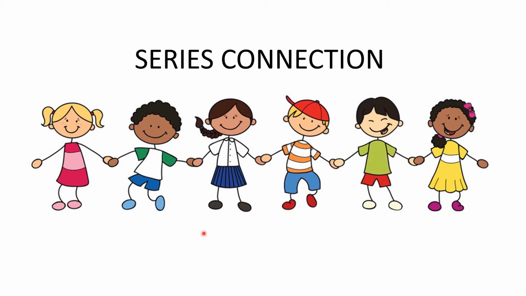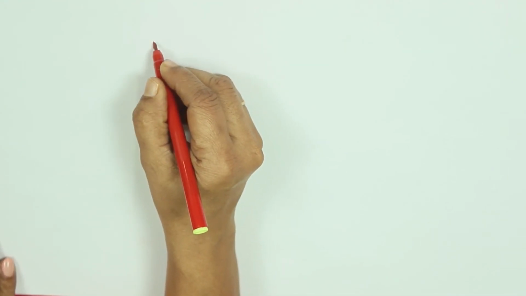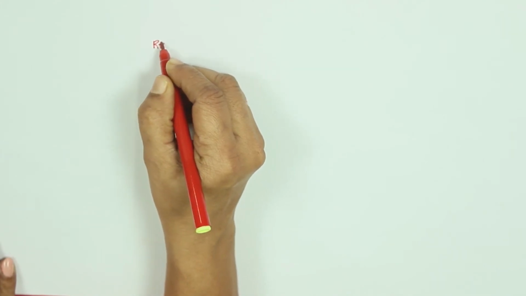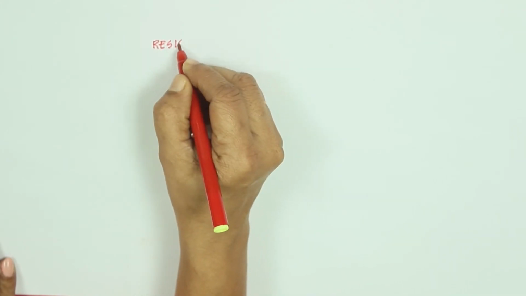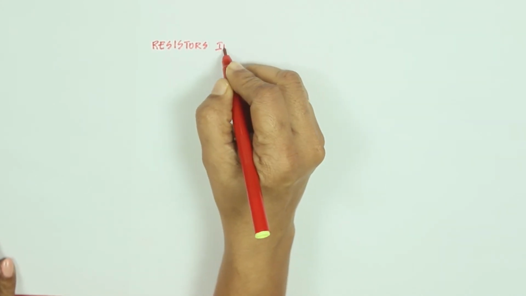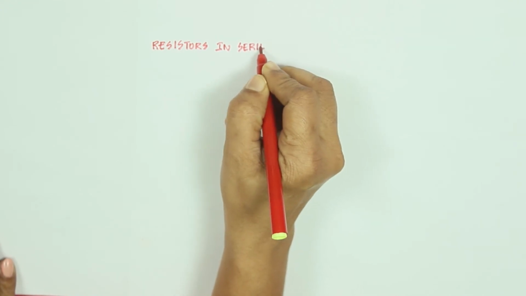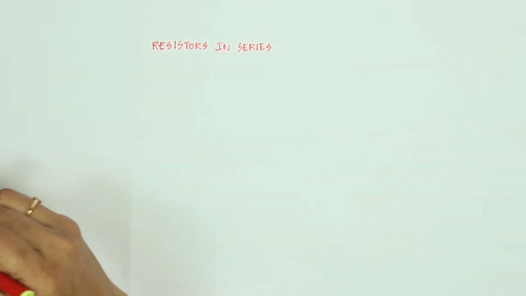So next let us derive the expression for the equivalent resistance for a series and parallel connection. Now we are going to calculate the equivalent resistance when the resistors are connected in series. Already we have seen what a series connection is.